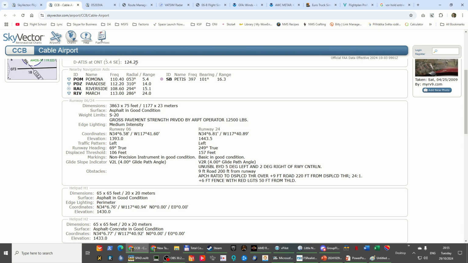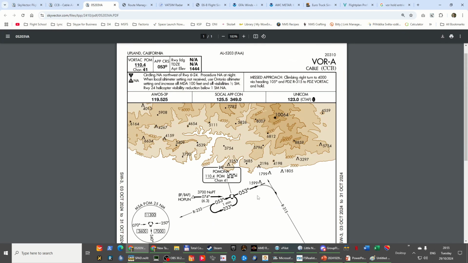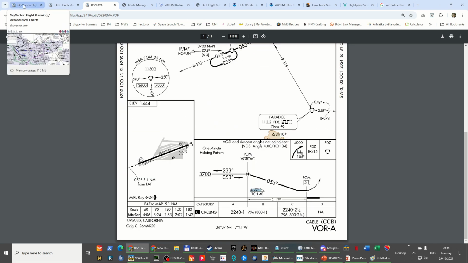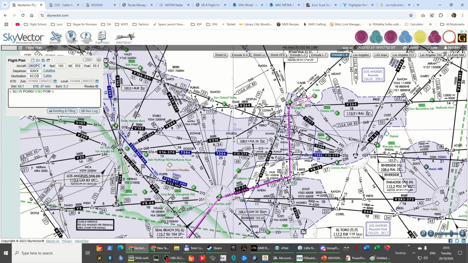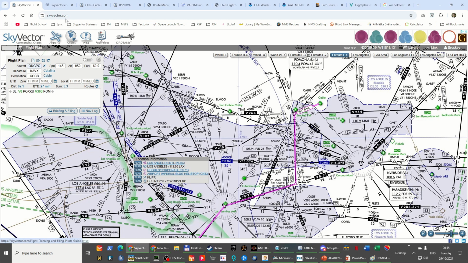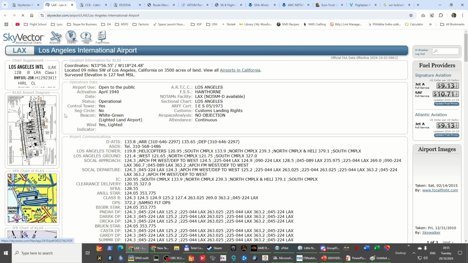69 true, and I believe that we had some magnetic variation there, right? Is it published here? It's not. I believe it's around 10 or 15 degrees. Okay, let's check Los Angeles International, because if we go to the airport diagram, it will be there.